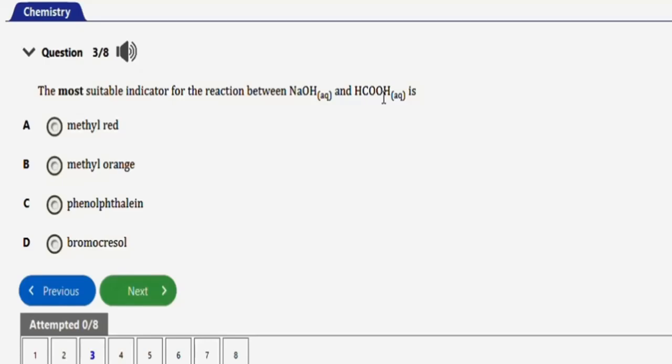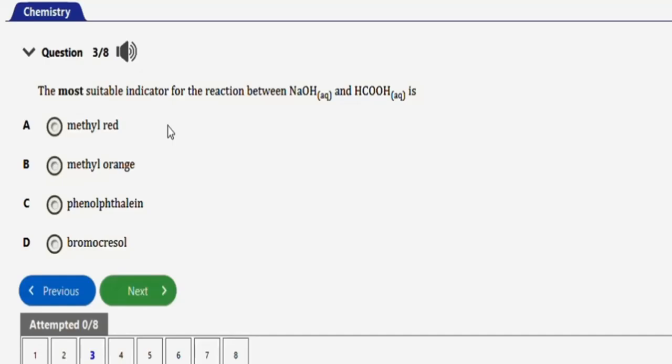Had it been we are having a strong acid and a weak base, for instance, tetraoxosulfate(VI) acid or sulfuric acid, and a weak base like, let's say, ammonia, or let's use a weak base like magnesium oxide, the right option would have been methyl orange.